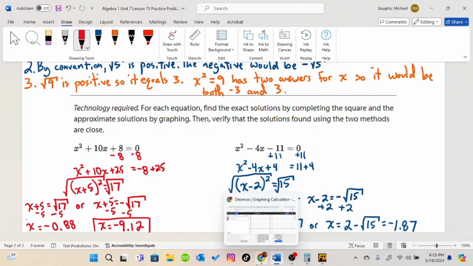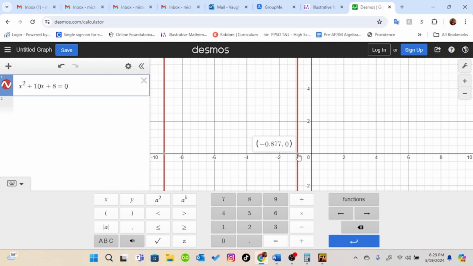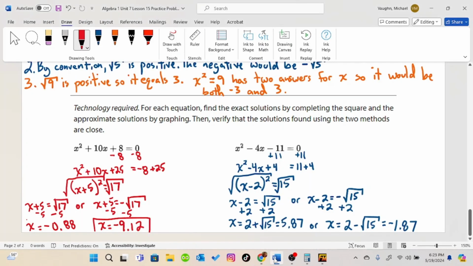And we have another answer at negative 0.88, which matches this answer right here. So we got the correct answer by completing the square, and we verified it by graphing with the Desmos calculator.